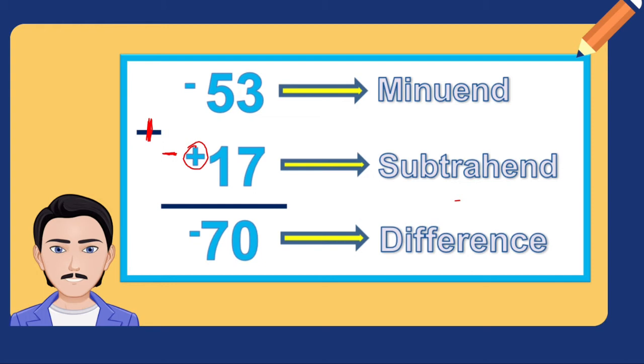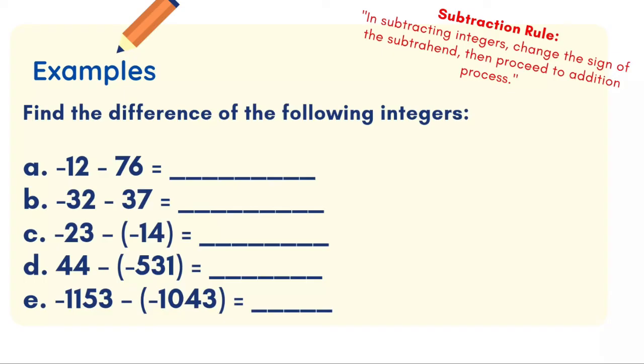Let's try to have several examples. Let's find the difference of the following integers. Negative 12 minus 76. Remember, in subtracting integers, we have to change the sign of the subtrahend, then we proceed to addition process. So, papalitan natin ngayon yung sign ng subtrahend.